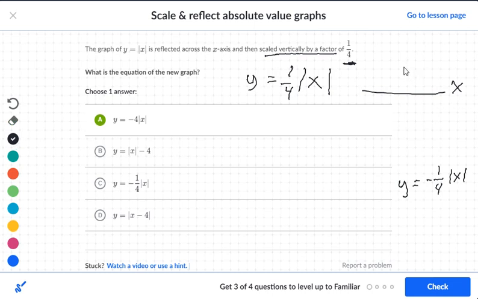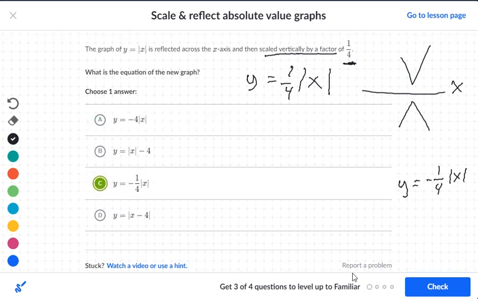So we could draw a letter V here, and then a letter V here. But since they're reflective, they would be going in opposite directions. Since our first one was a positive 1/4, what's the opposite of a positive 1/4? That would be a negative 1/4. So this would be y equals negative 1/4 times the absolute value of x.